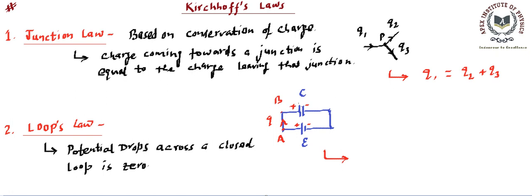But when we move from B to, let's say this terminal is D, there is going to be a potential difference because of this capacitor. So we will try to write the potential drop. And then moving from D to F point, there's going to be no potential difference because of this conducting wire. Again, when we move from this F point to A point, there's going to be a difference because of this battery. So since there are two elements, we will find two potential differences will occur.